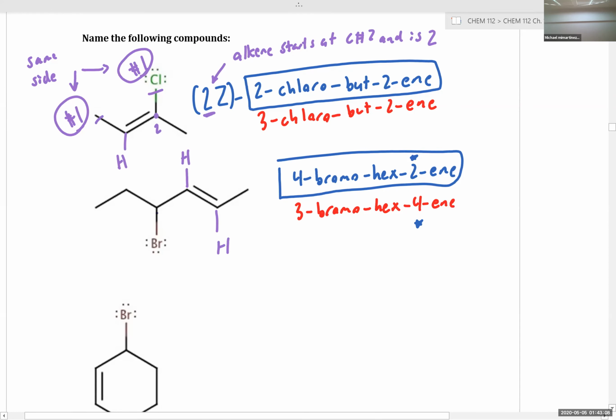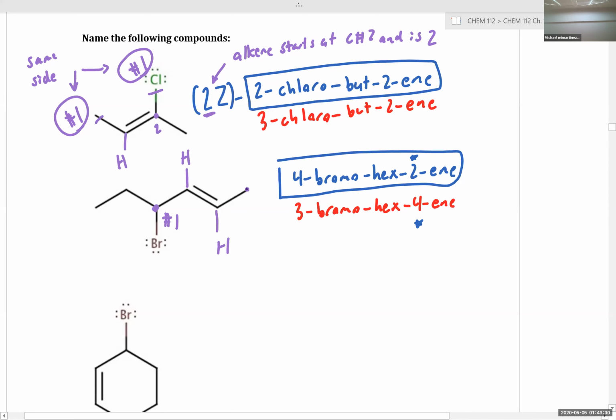On the left-hand side, what's our highest priority group? Carbon or hydrogen? What wins out? Carbon, yep. So carbon is priority 1.